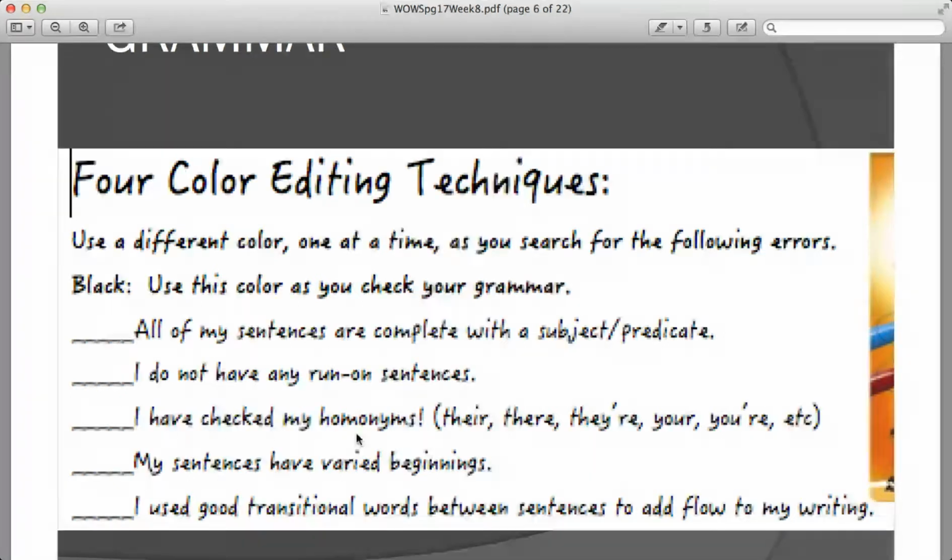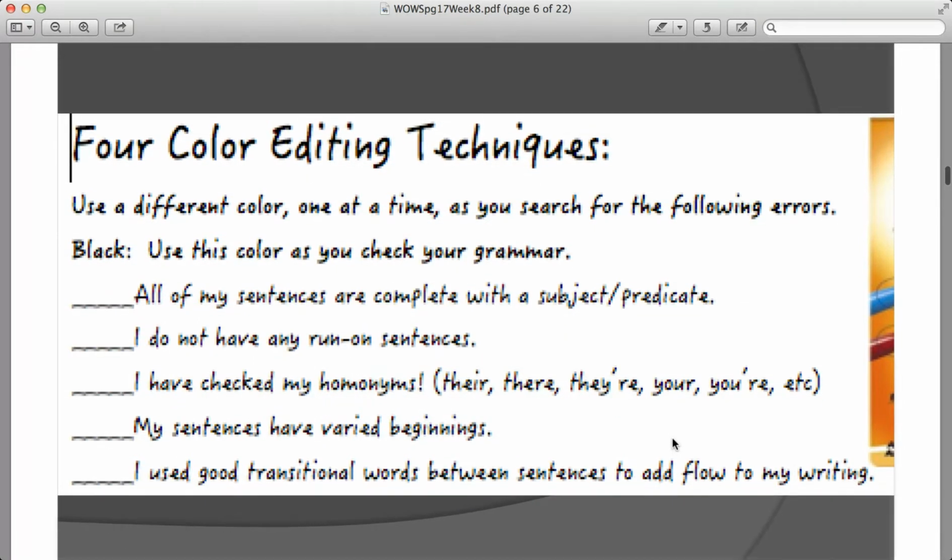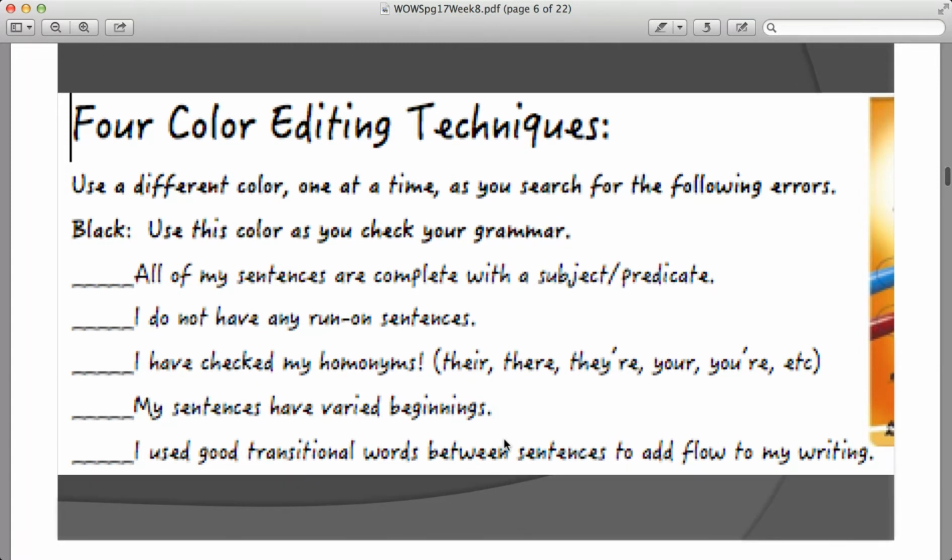Did I check any of those tricky homonyms like there, their, they're, your, you're? And my sentences, do they have varied beginnings? I don't want to start every sentence with "the," or "then," or "he." It is not interesting writing if you have all the same beginnings.